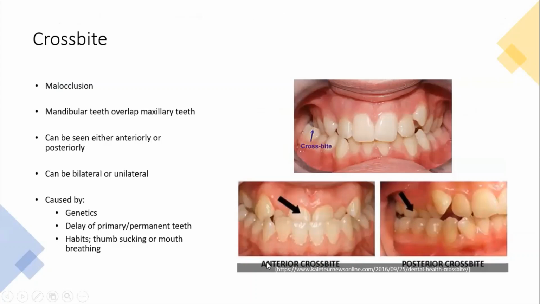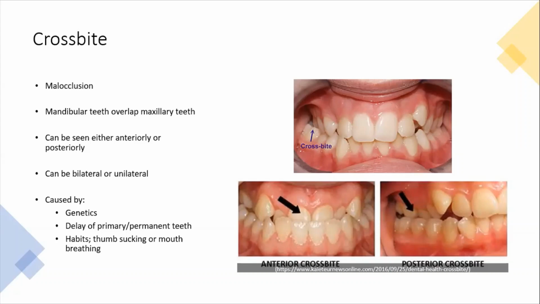So crossbite is very common when we're talking about malocclusion. And in a crossbite, you have the mandibular teeth just overlapping the maxillary teeth, when we know it should be the other way around. And you can see it in the front, in the anterior, and you can see it in the posterior. It can be bilateral or it can be unilateral. And crossbites are often, again, caused by genetics.